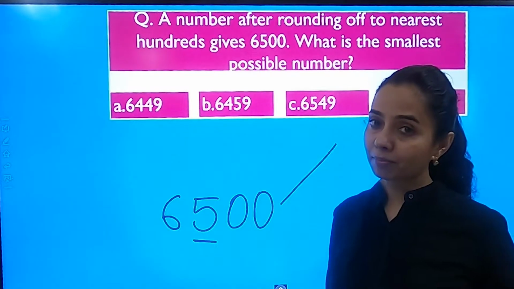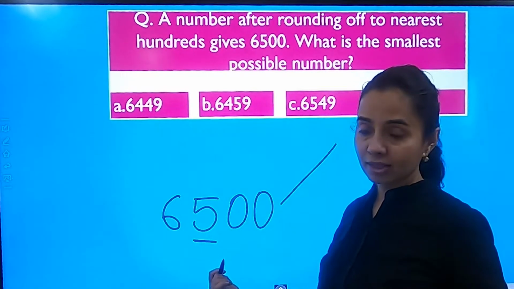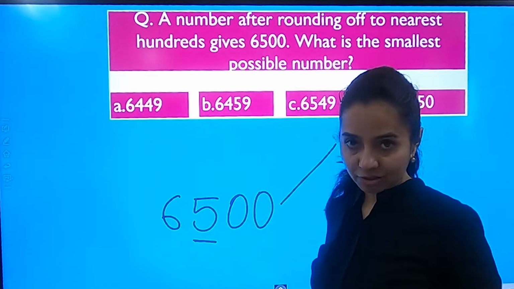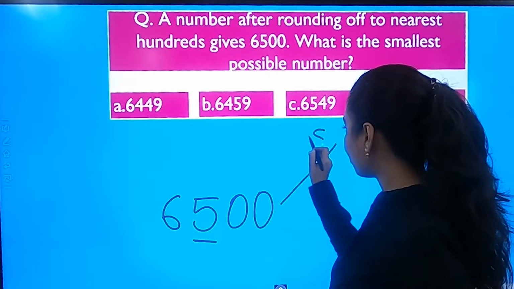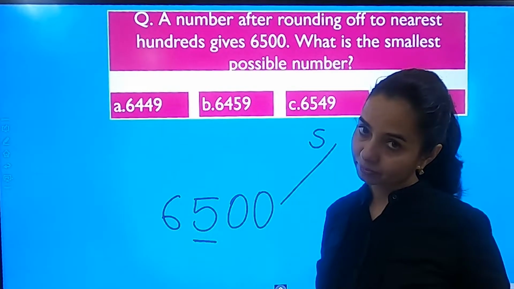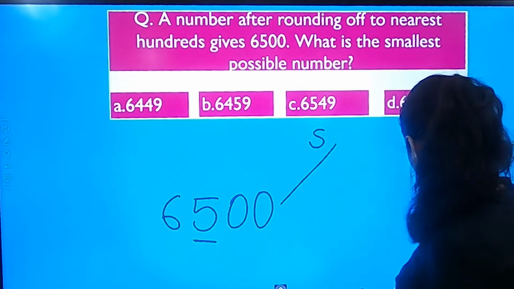There can be many such numbers which can give us this 6,500 after rounding off to nearest 100, but we have to find out the smallest possible number. So let's do it.